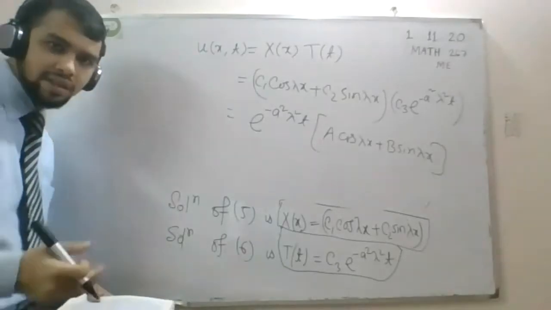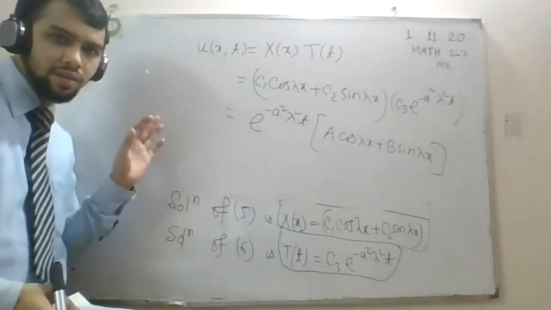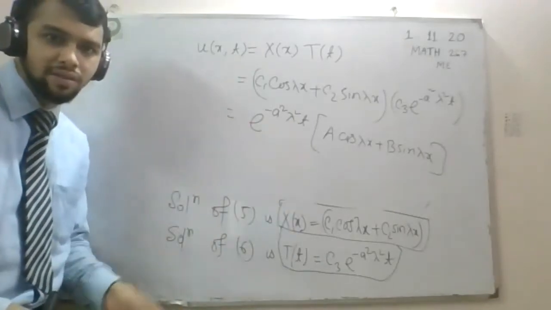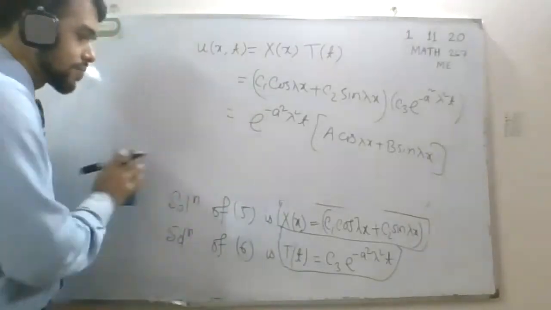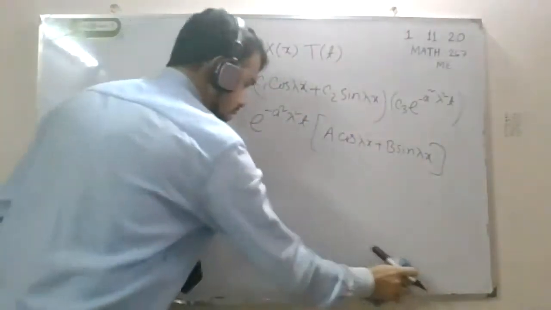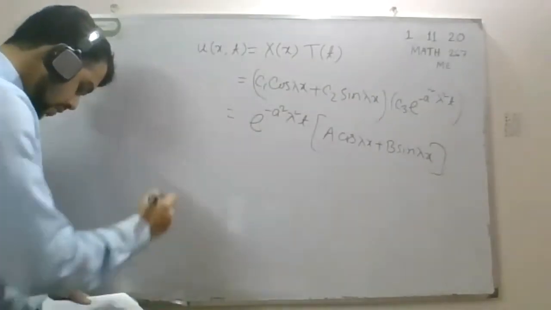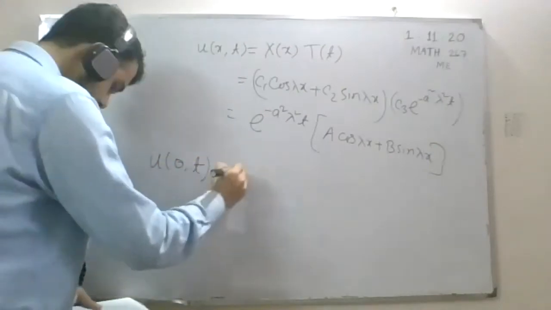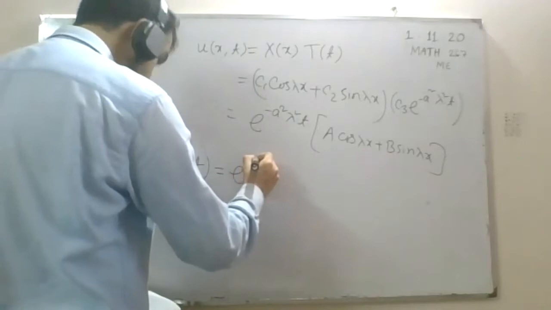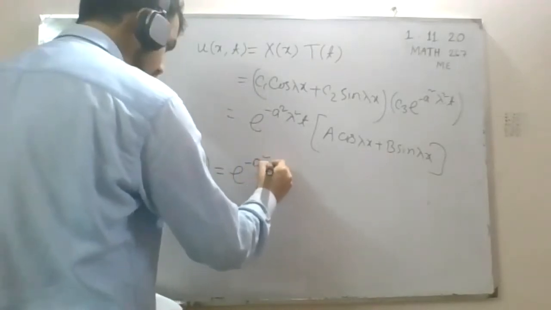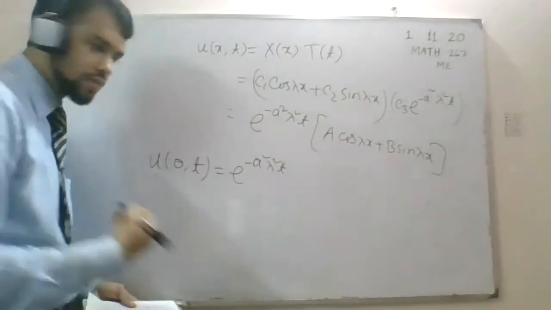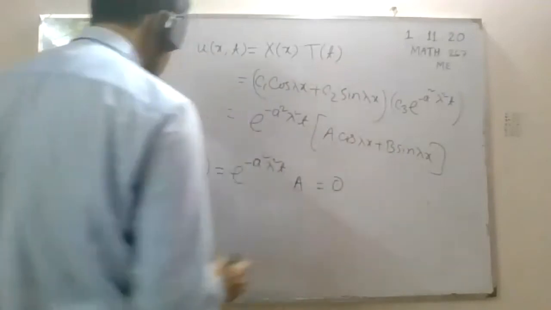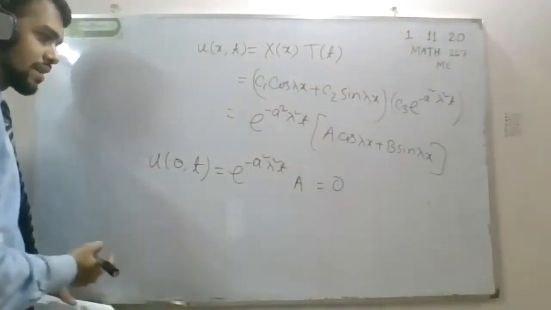Now আমরা আরো একটা জিনিস শিখেছিলাম, আরো একটা জিনিস দেখিয়েছিলাম গত ক্লাসে, যে এখন বাউন্ডারি কন্ডিশন অ্যাপ্লাই করে you have to find out the values of the constant term. Okay, so after using your boundary condition, you can say u(0, t) equals e to the power minus a square lambda square t, and also you can say here into A. So this equals 0.